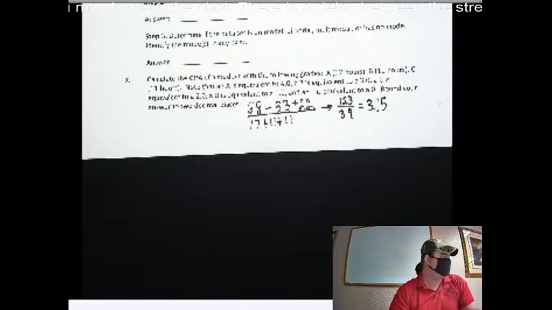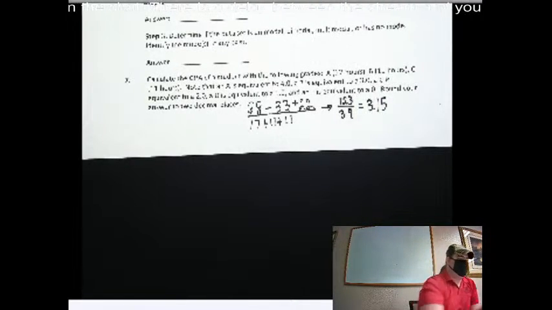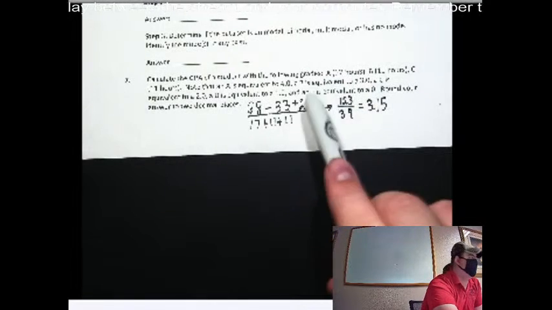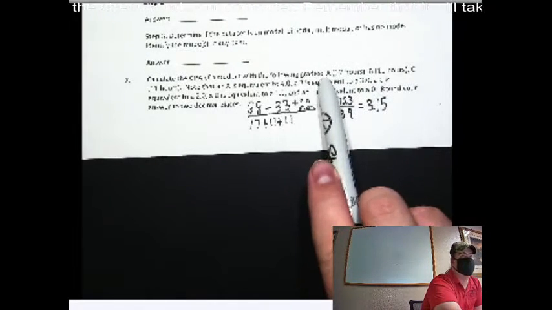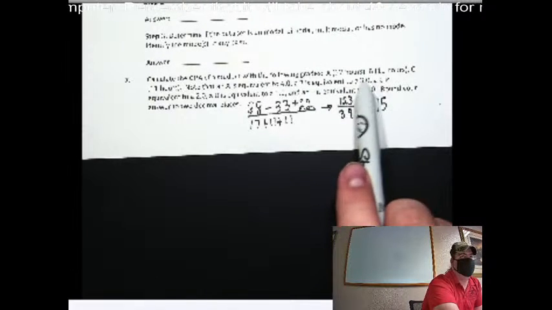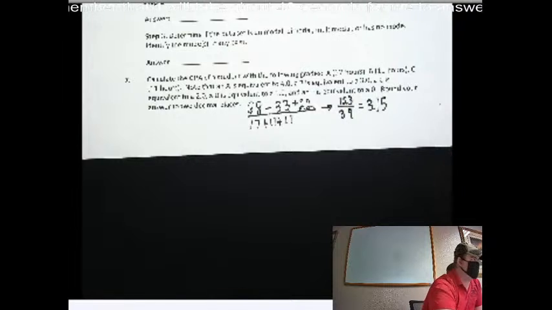Okay, does that make sense? So again, the big thing, make sure you multiply your weight by your value. You've got to get those values for the grades. So again, A is 4.0, B is 3.0, C is 2.0, and so on and so forth.